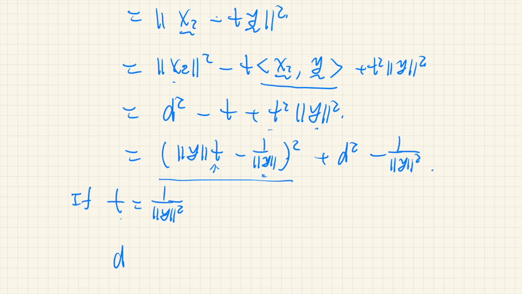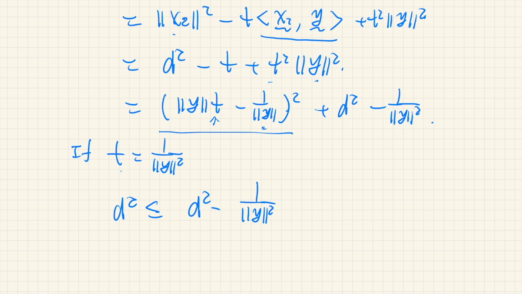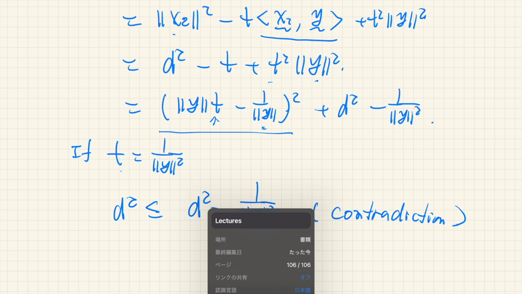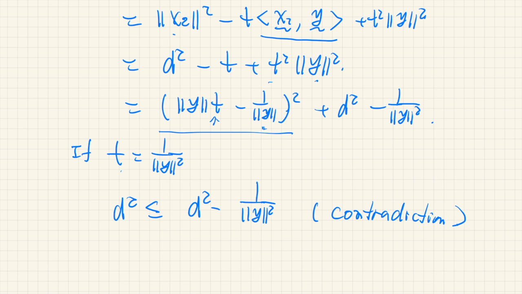So we have d squared is less than or equal to d squared minus 1 over ||y||², which is a contradiction, because a negative number would be greater than or equal to 0.